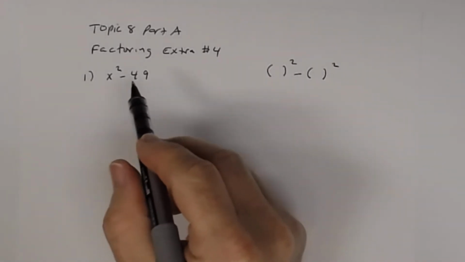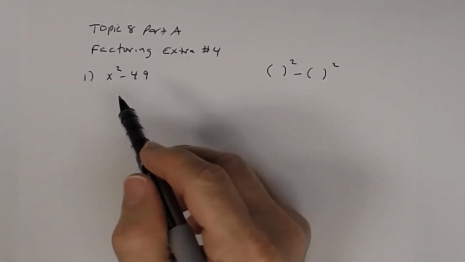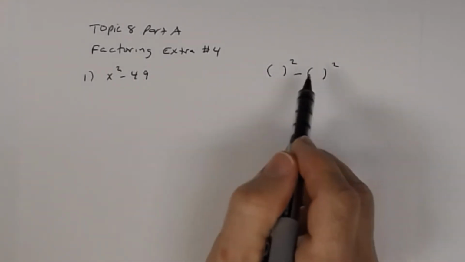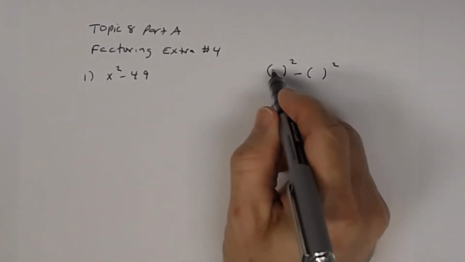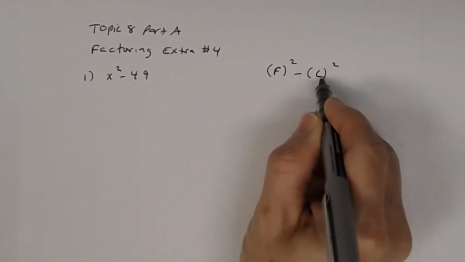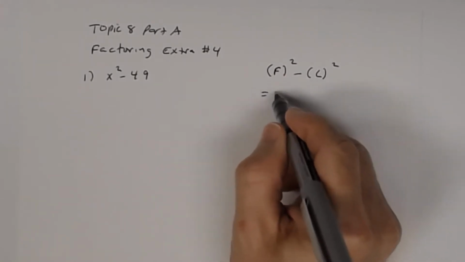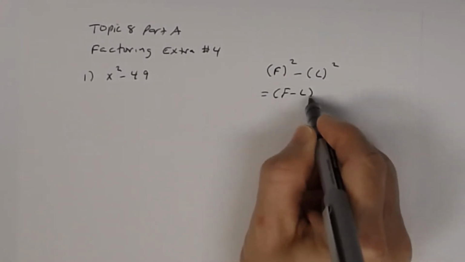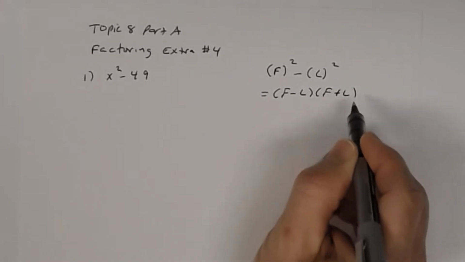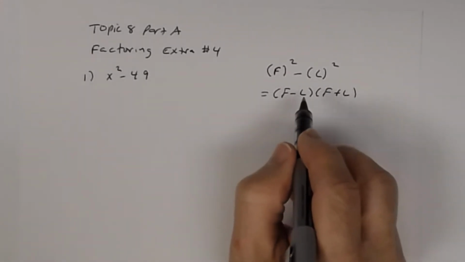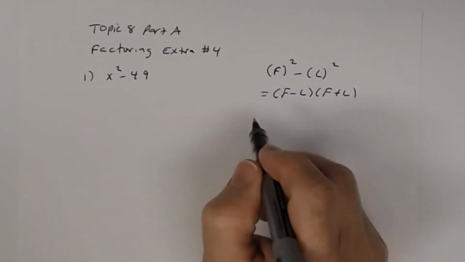So if you do have the difference of two squares, you'll be able to write this expression as this. If I write this as, let's say, F and L, so first and last, then you can factor the difference of two squares as F minus L times F plus L. And remember, you can always check yourself by FOILing this out and seeing if you do get the original back.